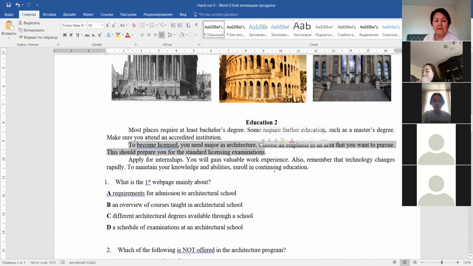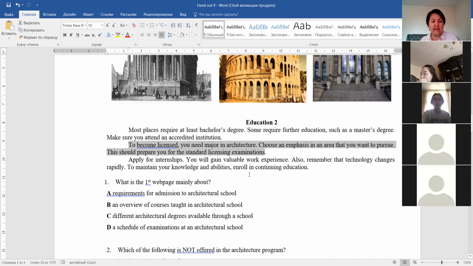To become licensed, you need to major in architecture. Choose an emphasis in an area that you want to pursue. This should prepare you for the standard licensing examinations.